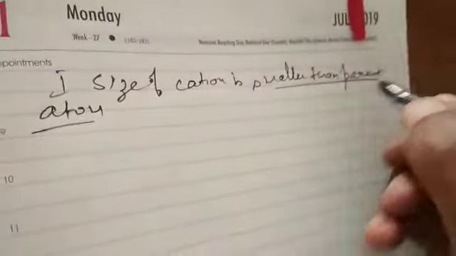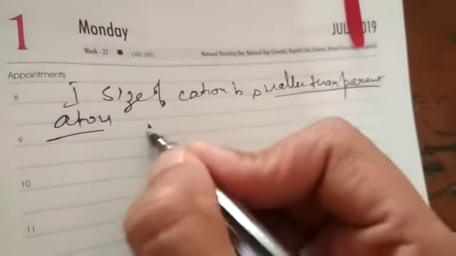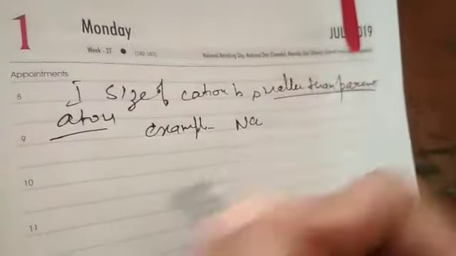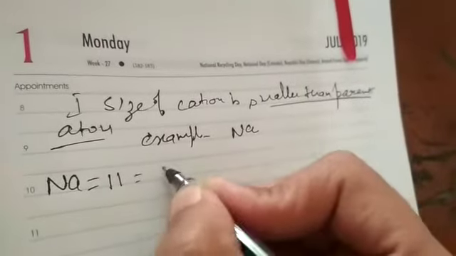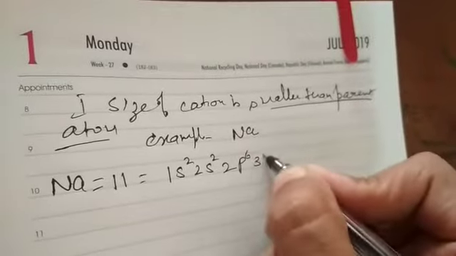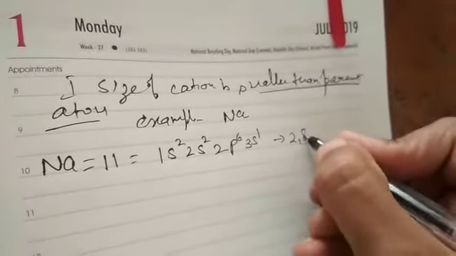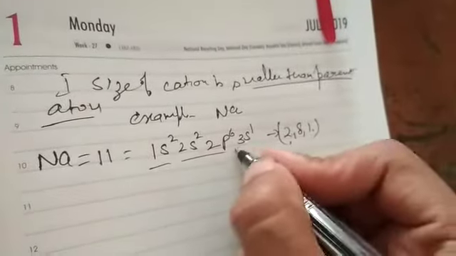I can explain this with the help of the example of sodium. Sodium has atomic number 11 and its electronic configuration is 1s2, 2s2, 2p6, 3s1. You can also write it as 2, 8, 1.